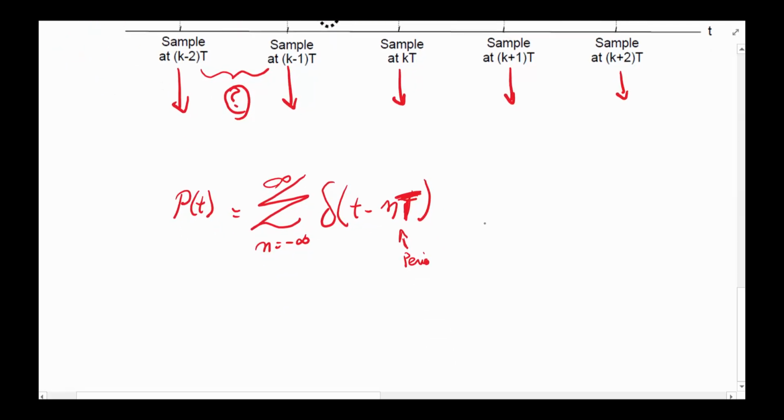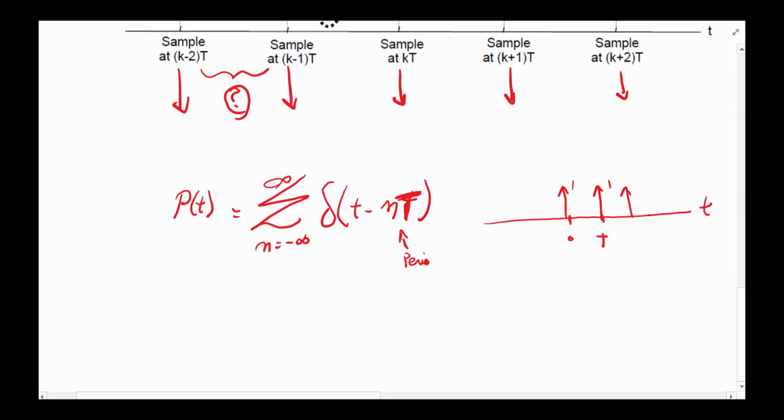So what this will look like, this would be a time scale. If this is 0, it will have a magnitude of 1 at 0, because when n is equal to 0, the inside is 0. At T, when n is 1, that would be 0, and on and on.